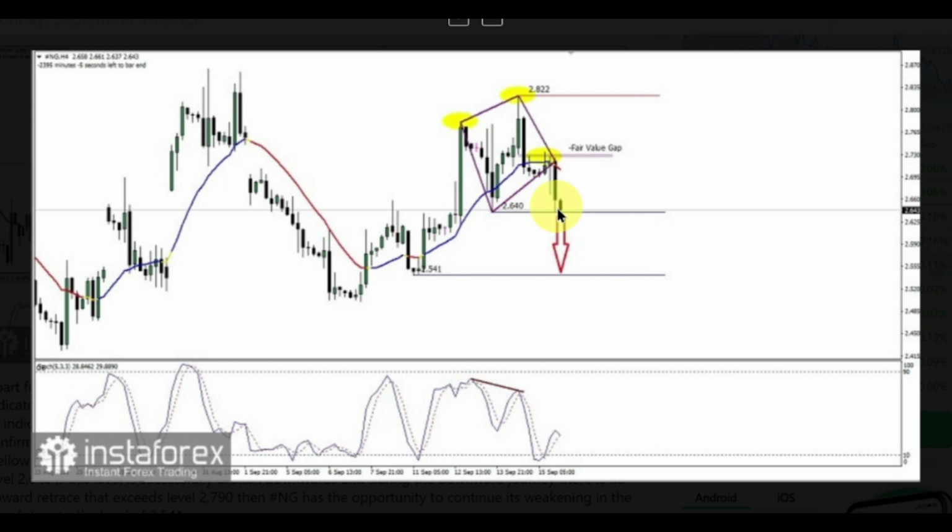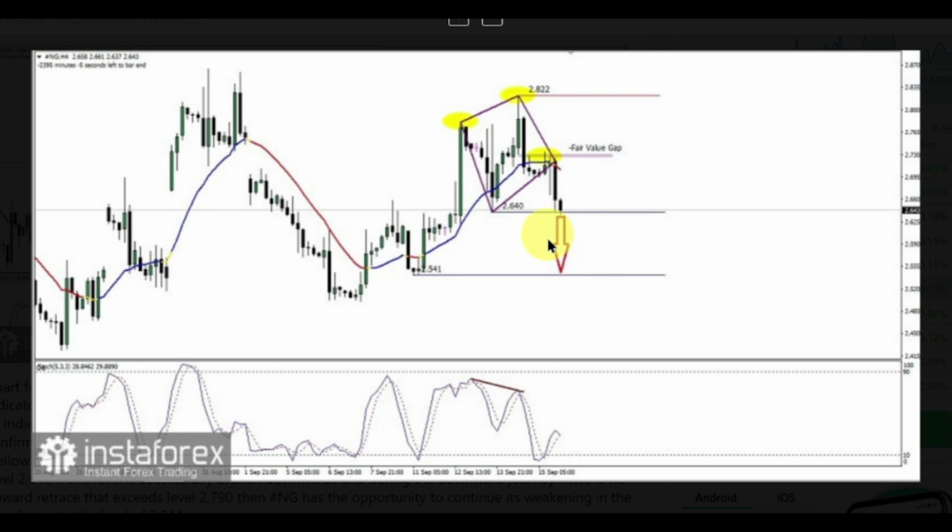which is also confirmed by the appearance of the bearish diamond pattern, which is a bearish reversal pattern, so that in the near future, NG has the potential to test the level of 2.64.